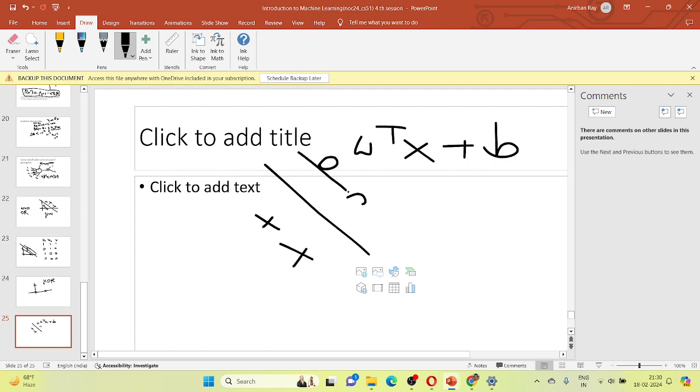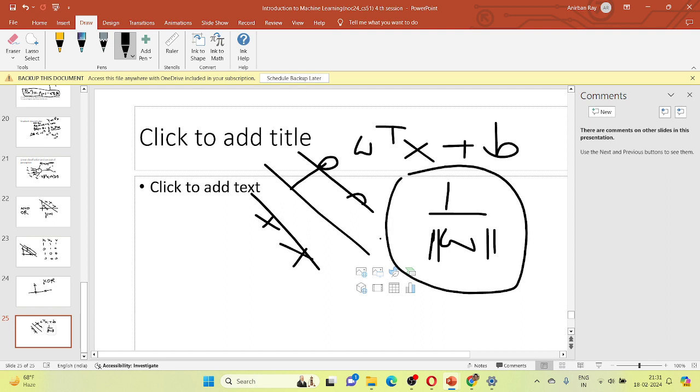This distance, from this point, is 1 by the norm of W, that is the L2 norm of W. This value is called the margin.